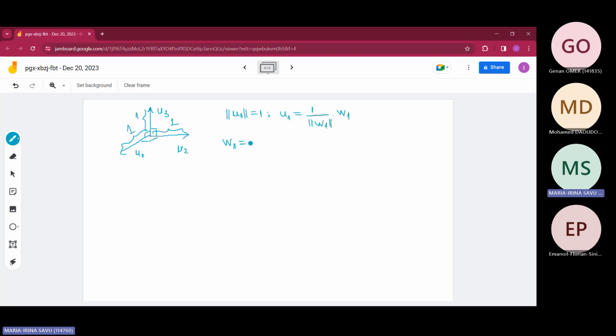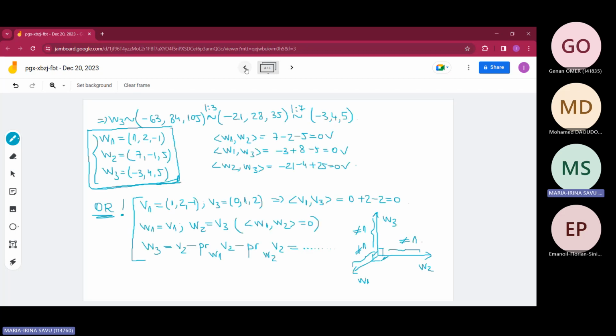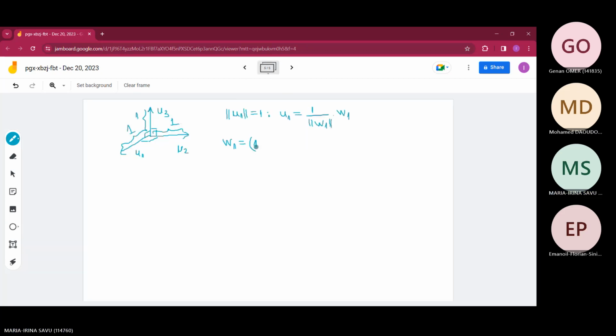W1 is the vector 1, 2, minus 1. So the norm of W1, which is the square root of W1 dot product with W1, is the square root of 6.